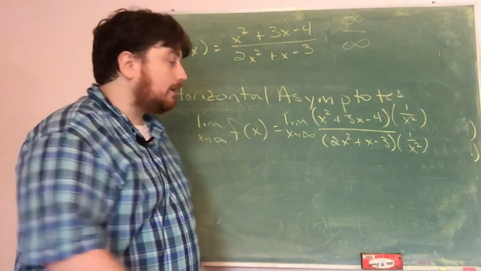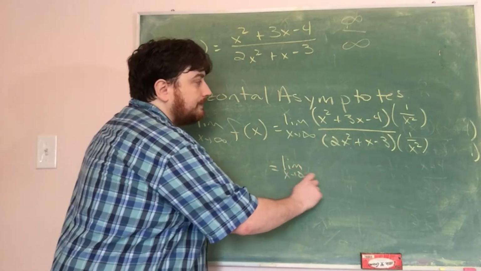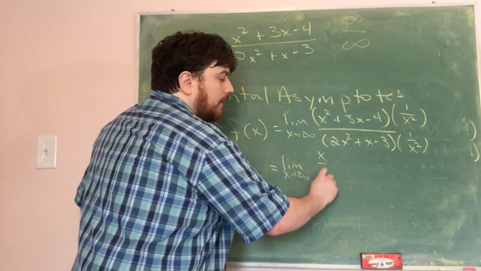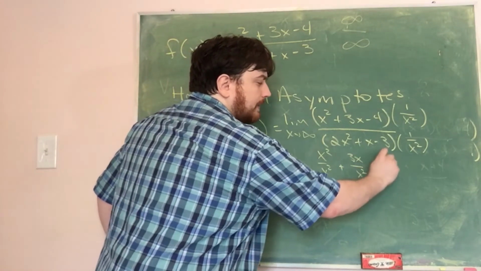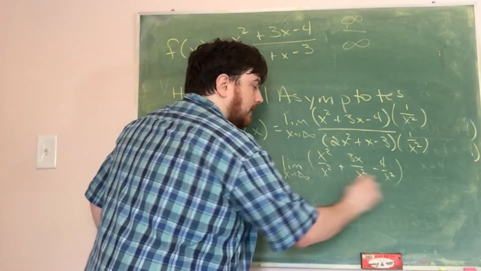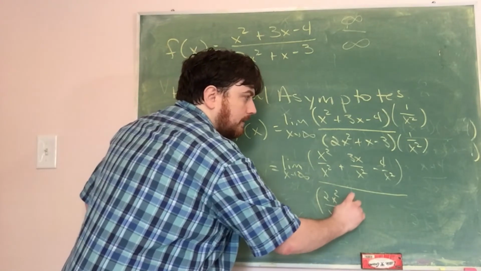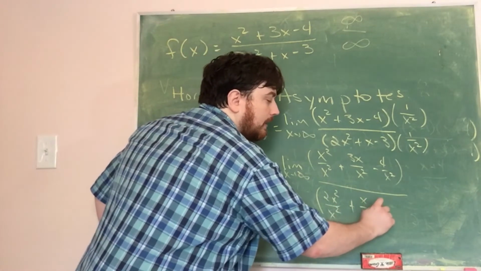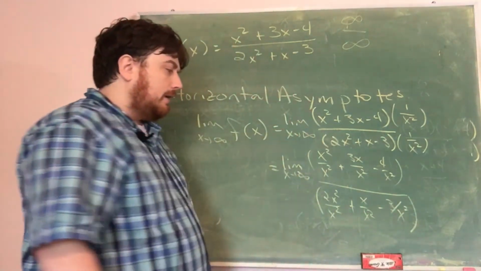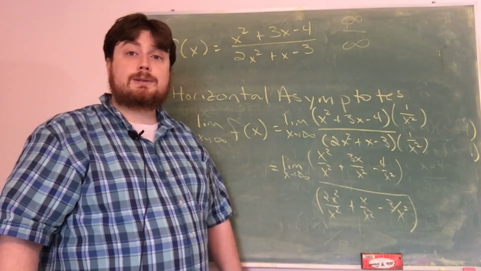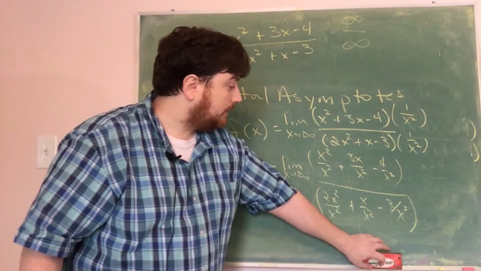Now the reason why this is going to be helpful is if I distribute that out, what I get is x squared over x squared plus 3x over x squared minus 4 over x squared, all divided by 2x squared over x squared plus x over x squared minus 3 over x squared. And now I can do a little bit of simplification and notice that x squared over x squared is just 1.